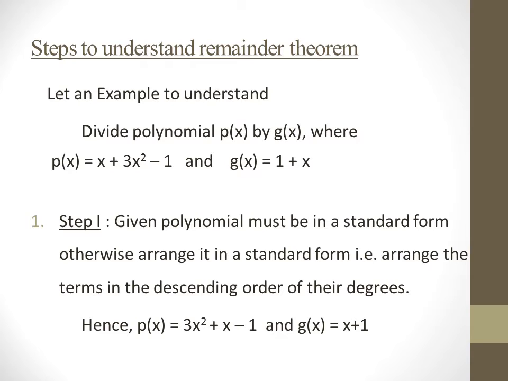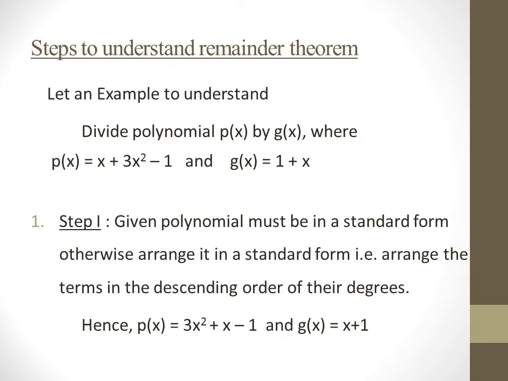Now what we have to do, in the very first step, is arrange both these polynomials in the descending order of the degrees of their terms. For example, in p of x, if you can see, there are three terms: x, 3x square, minus 1. Which is the highest degree? In which term? 3x square. Its degree is 2. So let us write 3x square first.